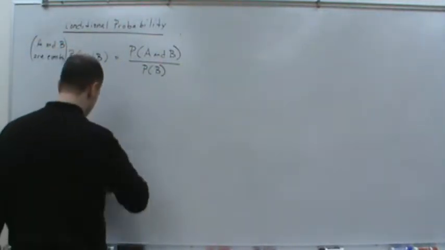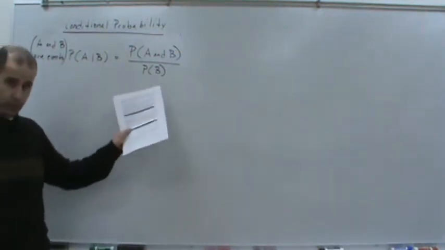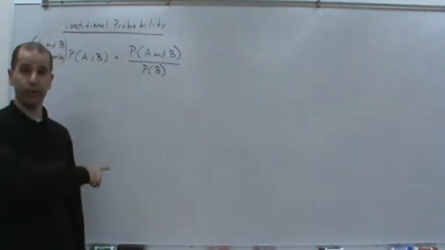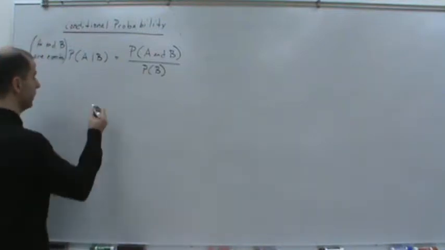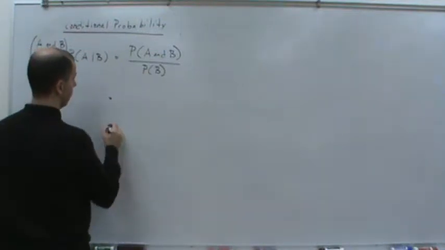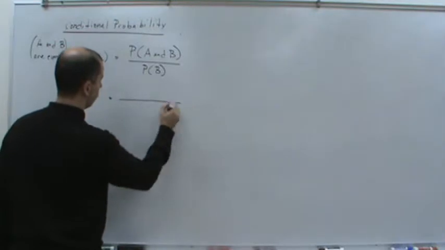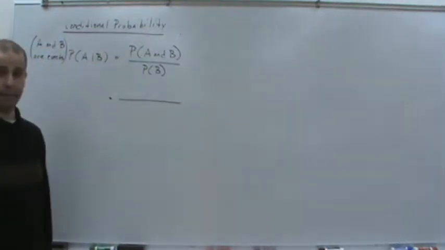Okay? So let's apply the definition of probability to the numerator and the denominator. Okay? So what do we get when we do that? Well, what does the top mean?